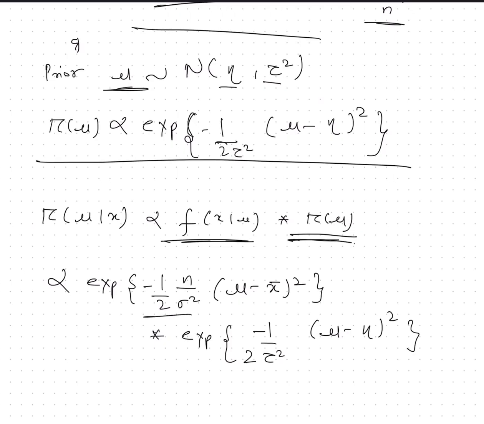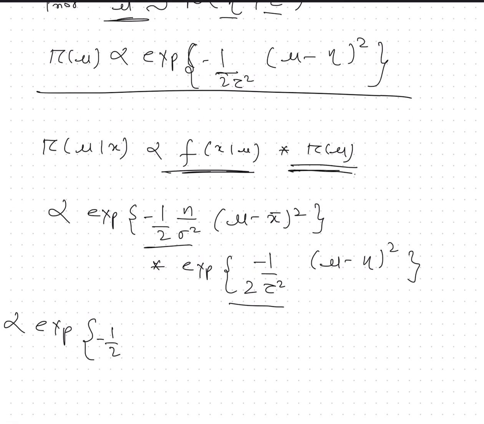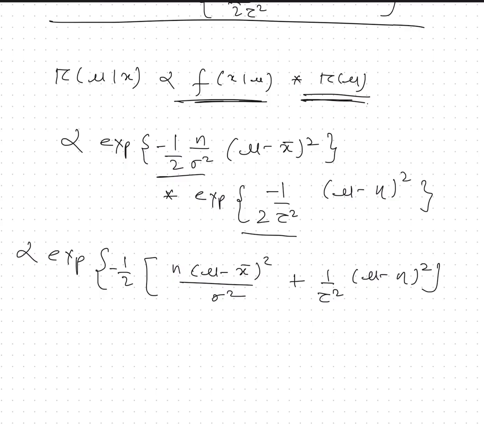Now we will expand this, so it will look like exponential of minus half times n into mu minus x bar bracket square upon sigma square plus 1 upon tau square multiplied by mu minus eta bracket square.